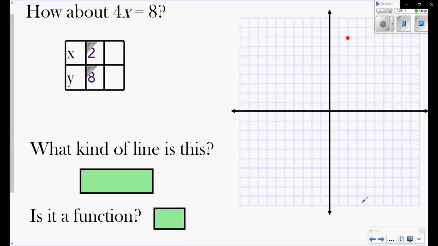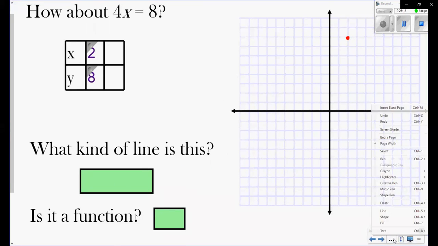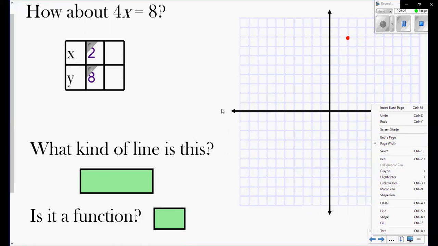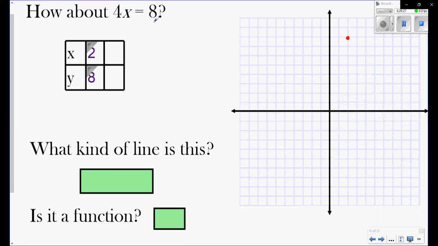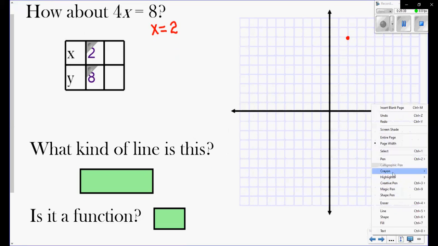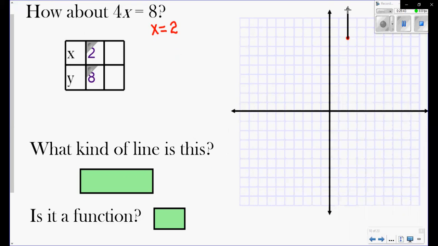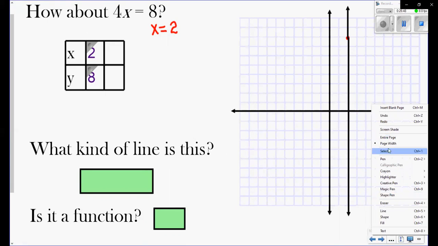And then they want to know what kind of line this is. Since your answer, I should write it over here, your x would equal 2. When you have x equals 2, it's going to be a vertical line. I'm going to draw that, put it here, and then label that, of course.